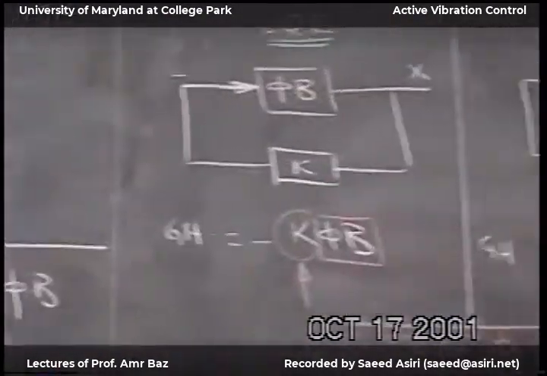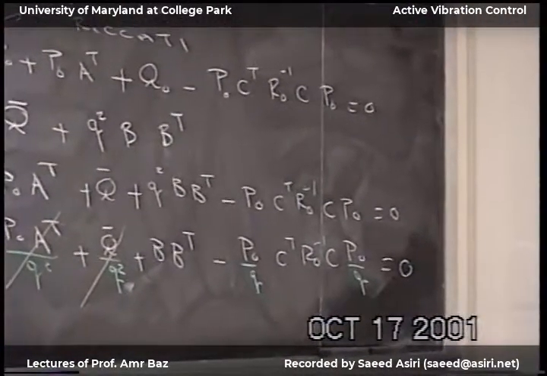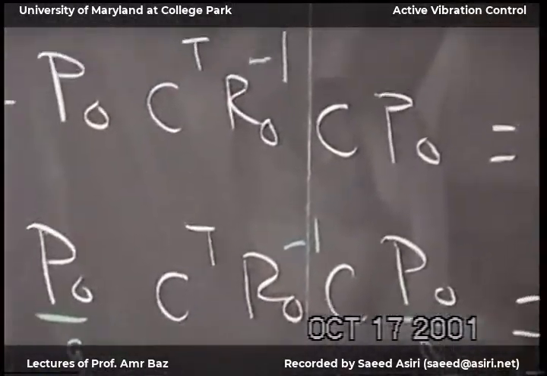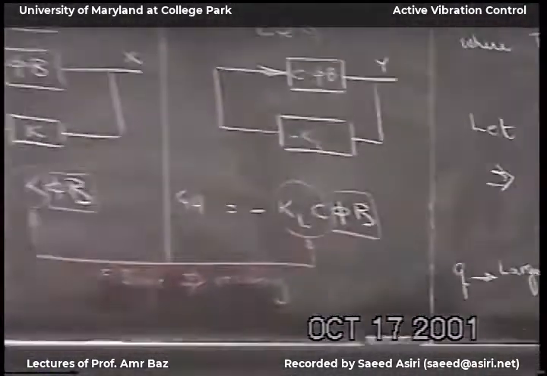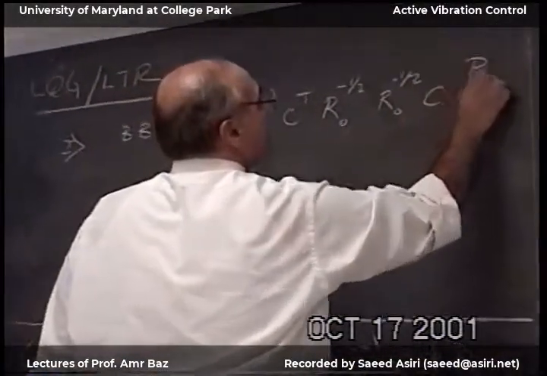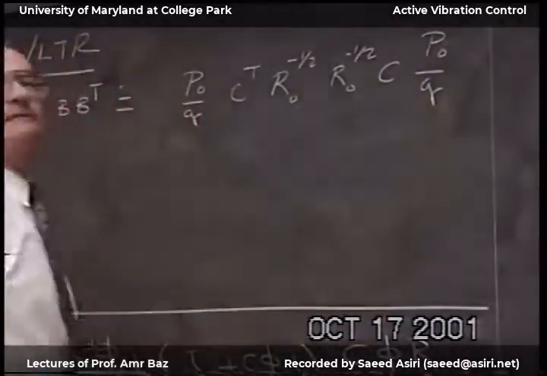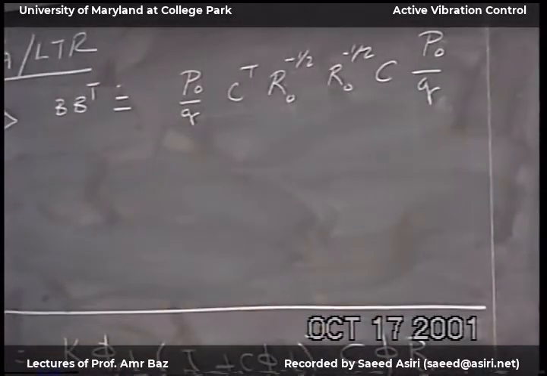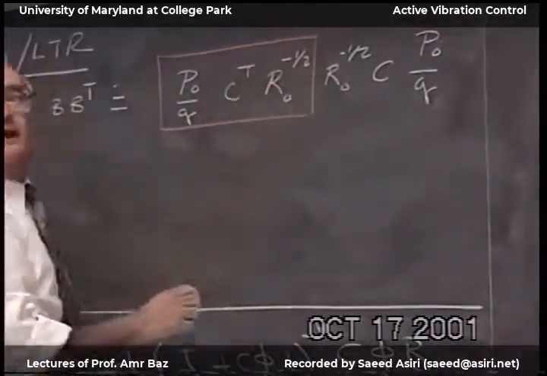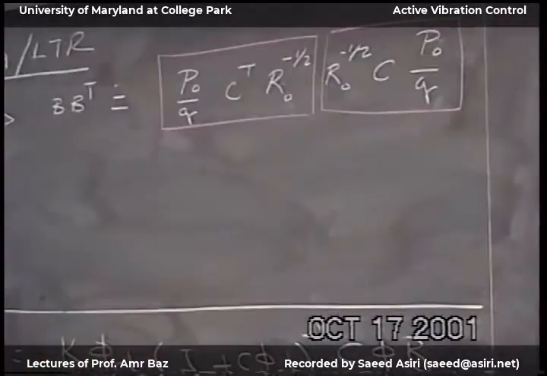And this R inverse, I'm going to write it like this: R0 to the minus 1/2, minus 1/2 C over Q. Because from this you can see that this is one term, and this term is its transpose.